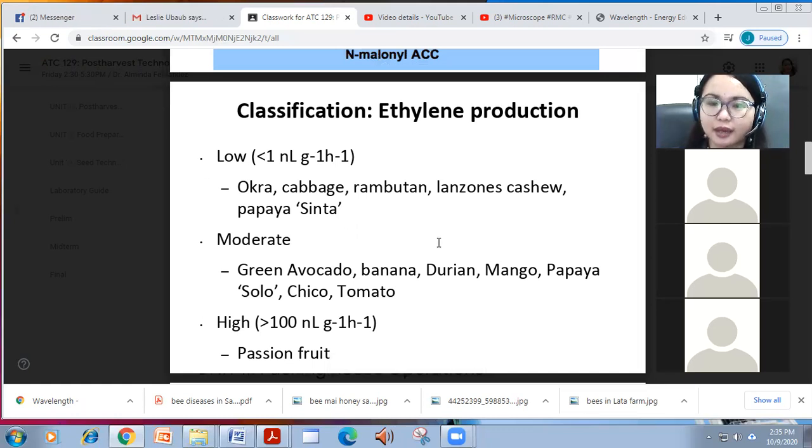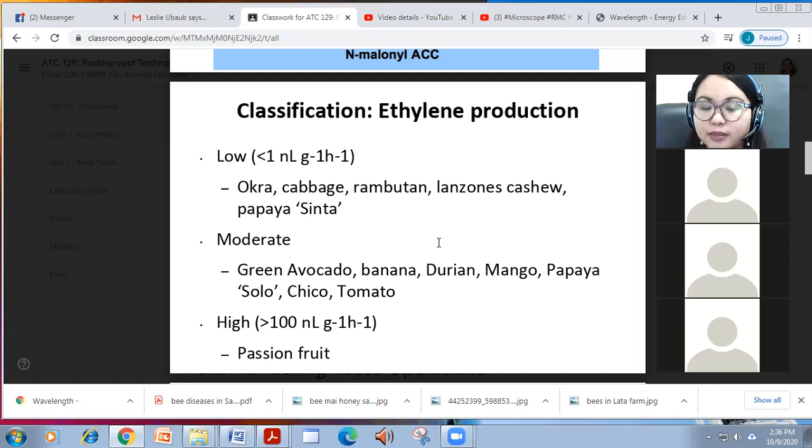Last time in our discussion, we learned that climacteric plants like mango and banana have high production of ethylene when ripened, unlike non-climacteric crops like pineapple, citrus, or durian, for example. They don't increase in ethylene after harvest, so they must be harvested ripe and mature already.